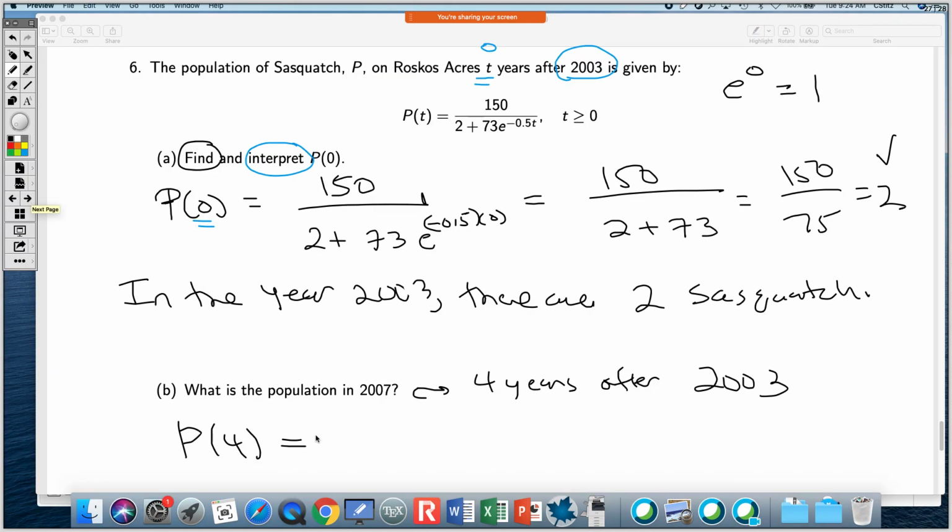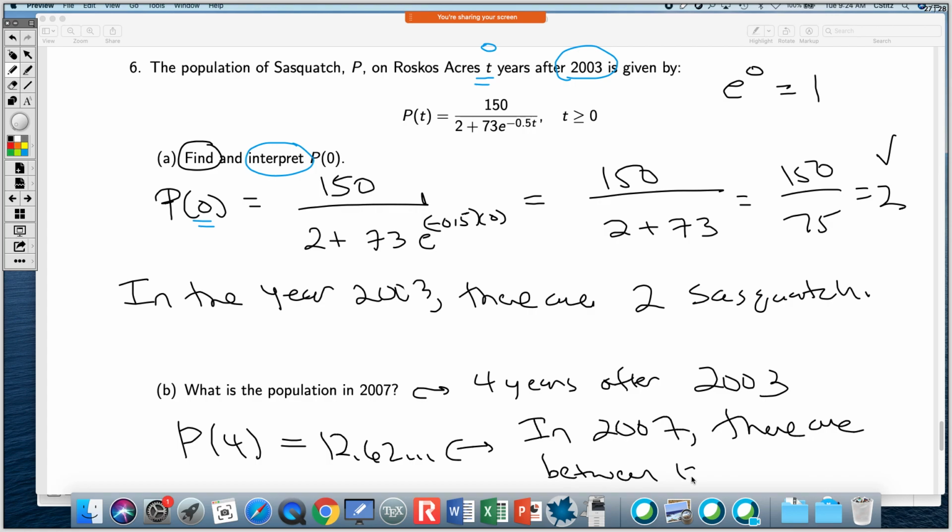Well, P of 4 is 12.62, etc. So in 2007, there are between 12 and 13 Sasquatch. Okay. Any questions on what the inputs mean here and what the outputs mean? That's really what parts A and B are getting at.